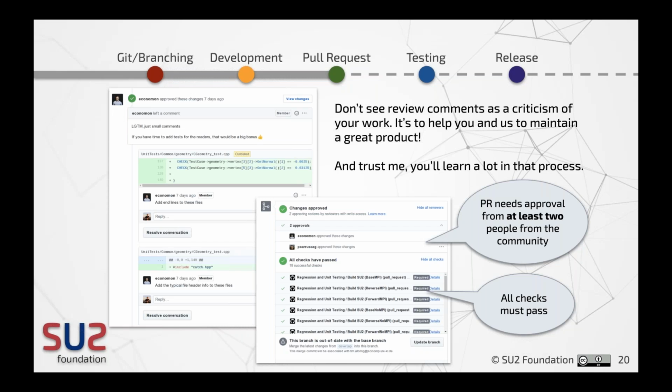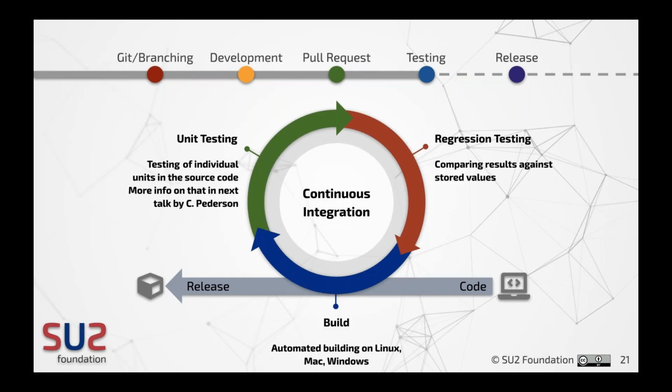Let me come to the testing now. We have an extensive testing framework for you to use. And this makes sure that nothing is broken, that the code compiles on platforms.